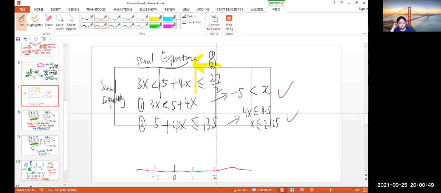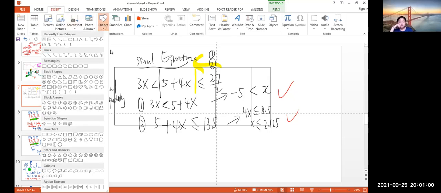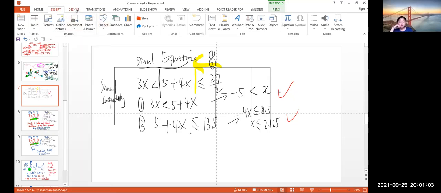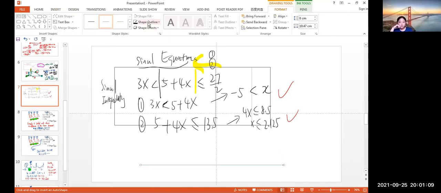It seems like the scale is not big enough. By the way, you need to use a ruler. Number line means I need to use an arrow.